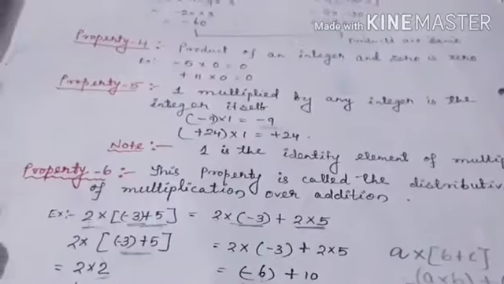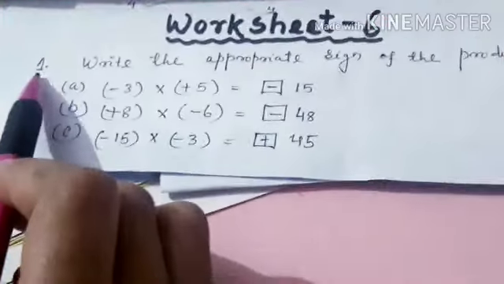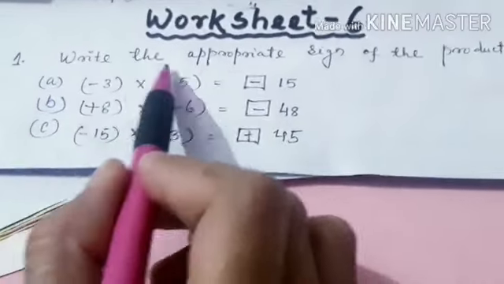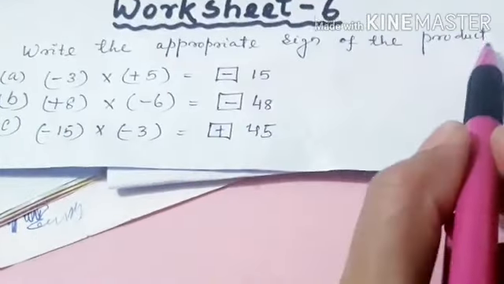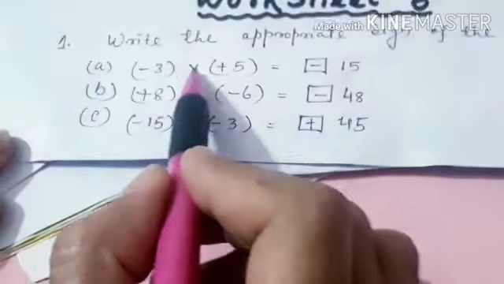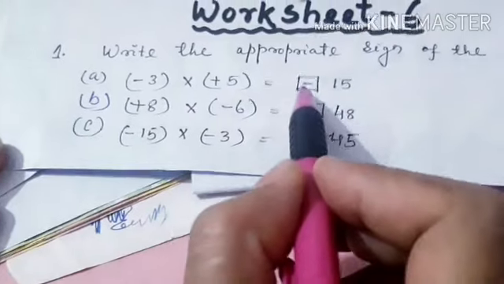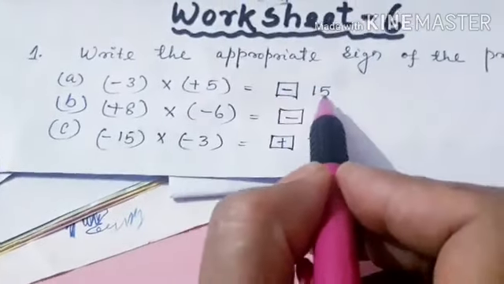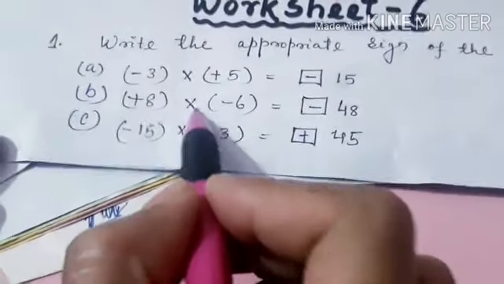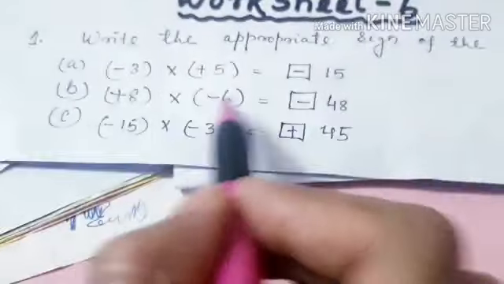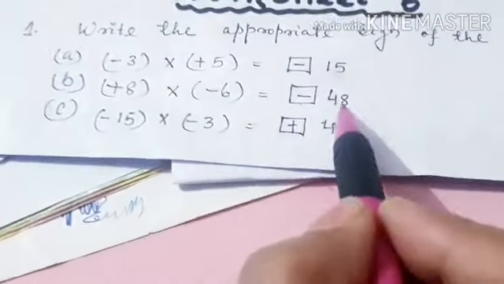Now, let's go to the worksheet. In question number 1, write the appropriate sign of the product. Minus 3 into plus 5: you already know minus into plus, you will get minus 15. Plus 8 into minus 6: plus into minus, you will get minus 48.